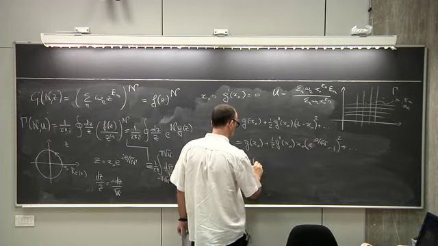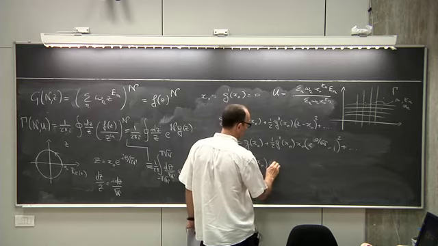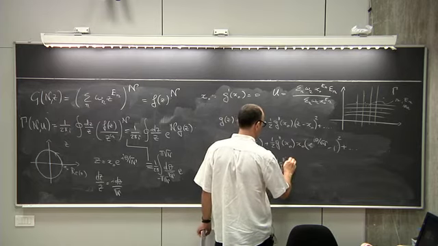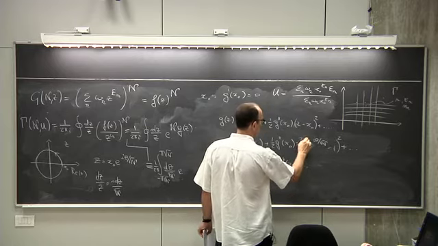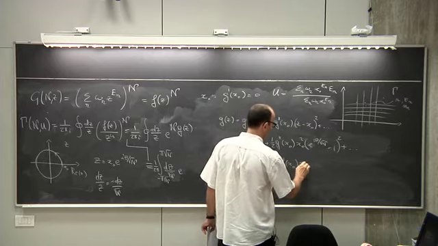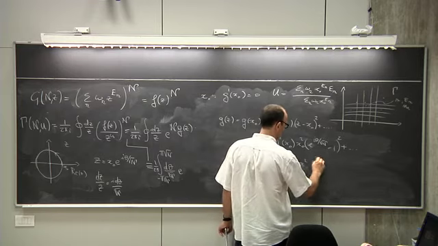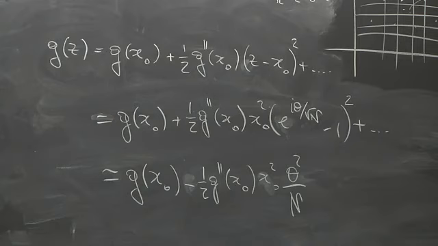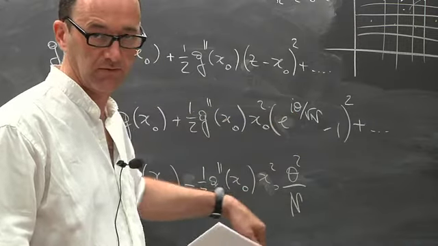So this is g of x0, and to leading order this will be minus 1/2 g double prime of x naught times x0 squared times theta squared over n. The minus comes from i squared.